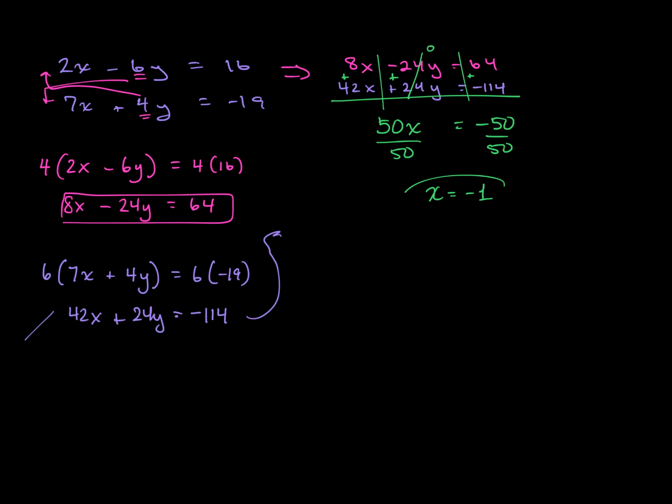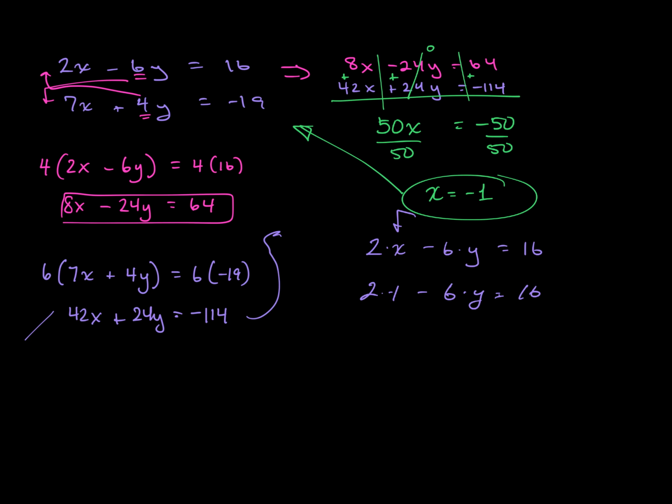Once I have x is negative 1, I go back to the original problem, and I'm going to substitute the x in there. So again, I'm just going to choose that first one. So this is now 2 times x minus 6 times y equals 16. Throwing that x in there, I get 2 times negative 1 minus 6 times y equals 16.